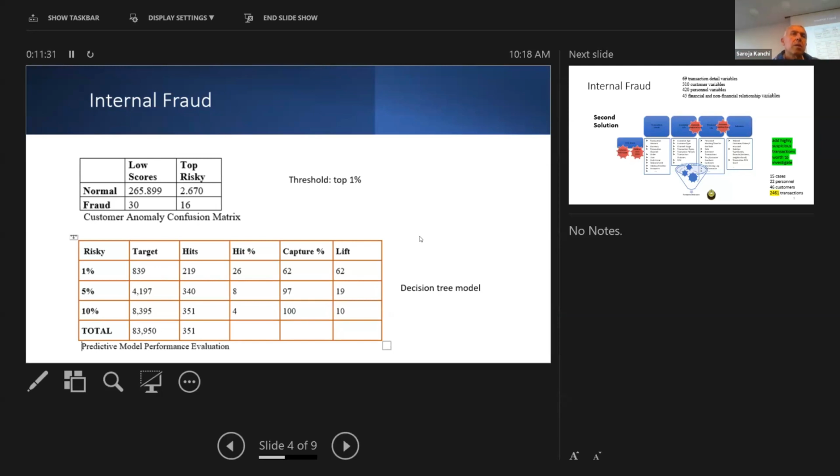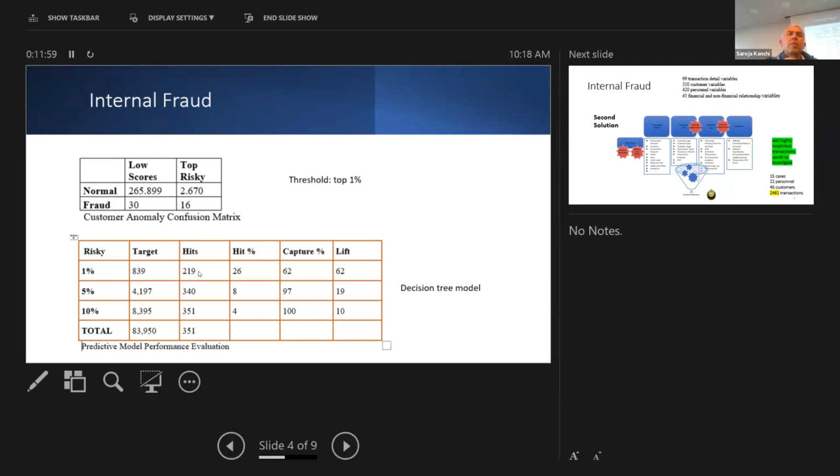Then the next table is about the performance of the predictive model. For this model, we used a decision tree. For example, in the top 1% of risky transactions, there were 839 transactions, and 219 of them were actually fraudulent activities.